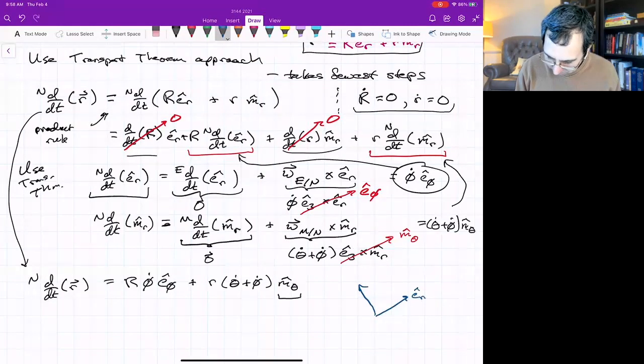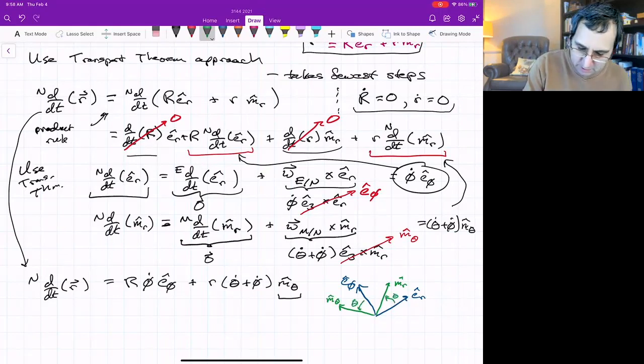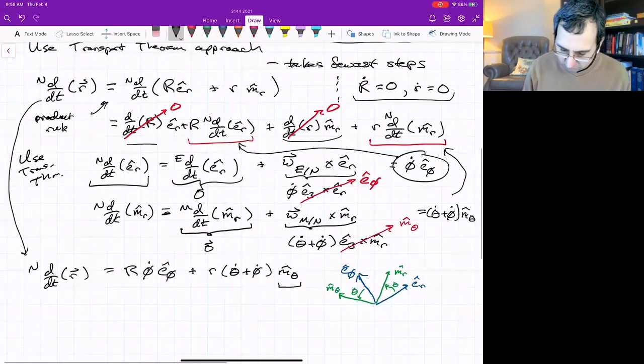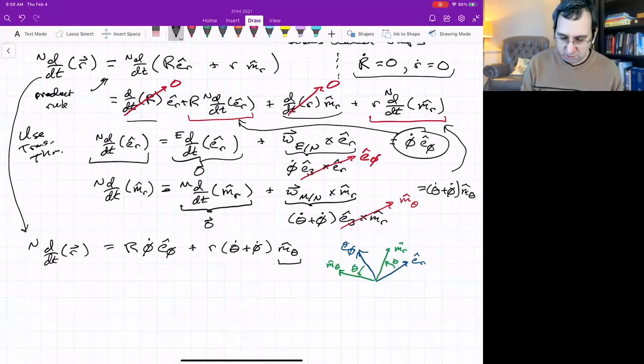So this was ER, E phi, and then MR, M theta, and this angle is theta, this angle is theta. We could work out what the unit vectors of the M frame are as written in the E frame, because it's just a rotation.